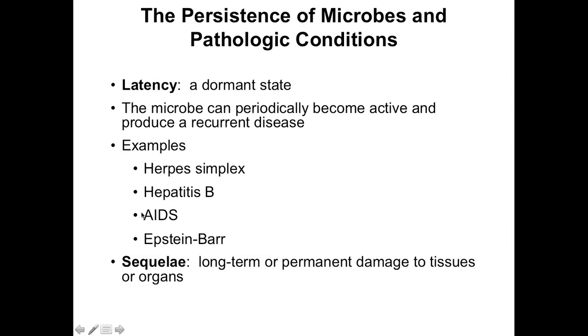A lot of viruses are very good at this: herpes simplex 1 and 2, hepatitis B, AIDS or HIV is very good at this, and Epstein-Barr. A lot of these viruses do this by incorporating their genetic material into the host, but then having mechanisms that shut off the transcription and translation of that viral DNA.